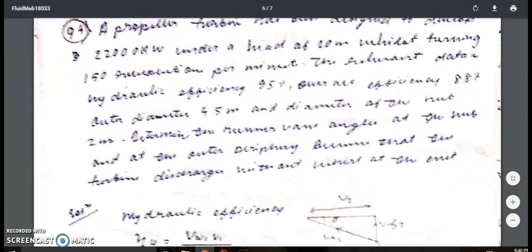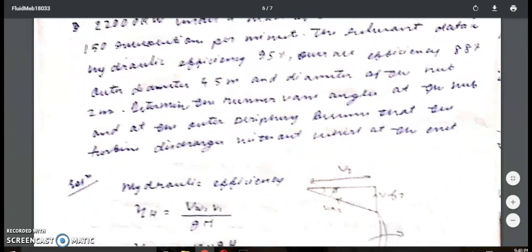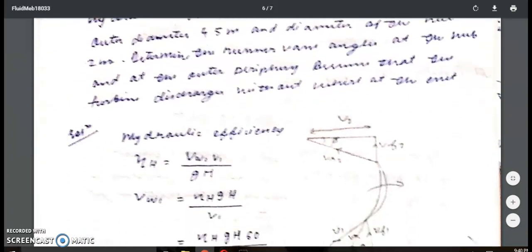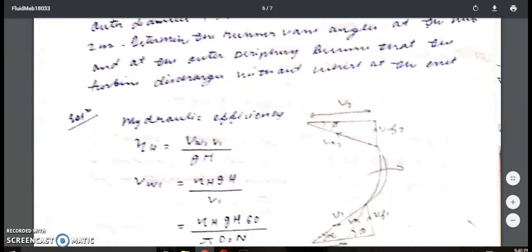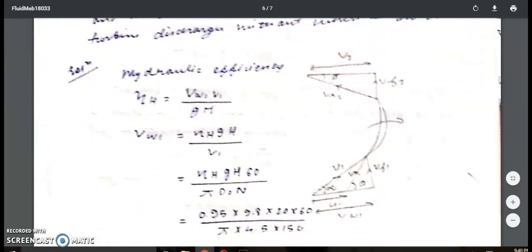In this question, we know the formula of the hydraulic efficiency, and it is given in the diagram. Eta H equal to (Vw1 minus Vw2) u by g H, where eta is the efficiency, Vw is the relative velocity between the water and the blade, V1 is the velocity of water, and g is the acceleration due to gravity.